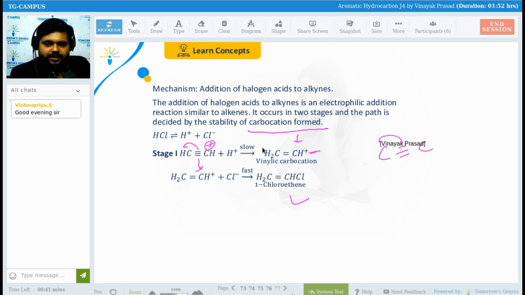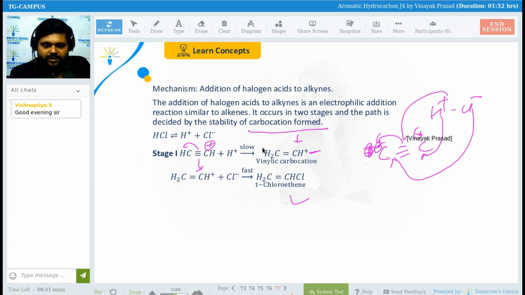Triple bond breakdown. This will shift towards this, so it will have a plus charge and this will have a minus charge, and H plus and Cl minus are there. Cl minus will attack this side because this has the plus charge, and H plus will attack this side.